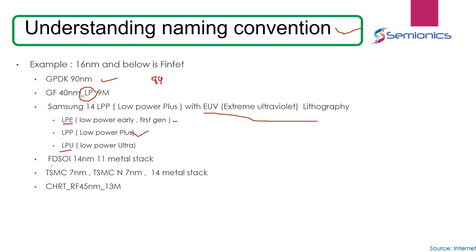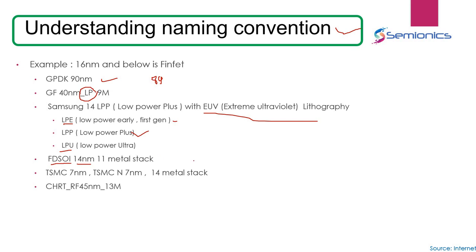Say, for example, if you're dealing with the SOI process, here it says fully depleted SOI process, 14 nanometer or 7 nanometer, whatever, and 11 metal stack. What it means is it gives you 11 metals. So likewise, there is a connection between the process. Generally, they write the name of the company first, then the technology, then the technology node, and the metal stack.